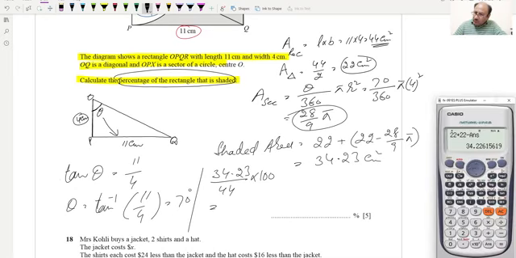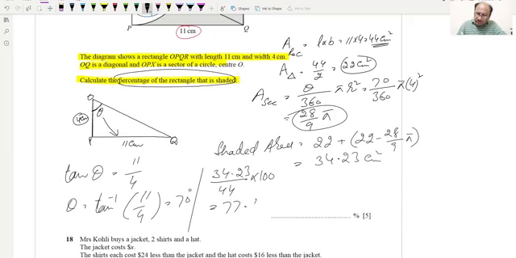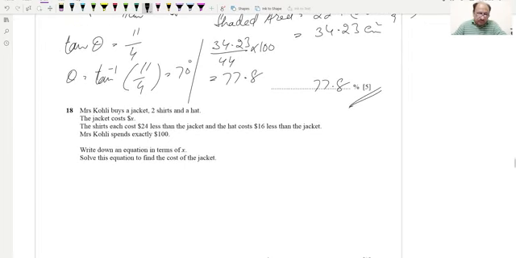So this answer divided by 44, multiplied by 100, we get 77.786, or we can write 77.79, or up to 3 significant figures it will be 77.8. So this will be 77.8%, and this is the 5-mark question which we have done.